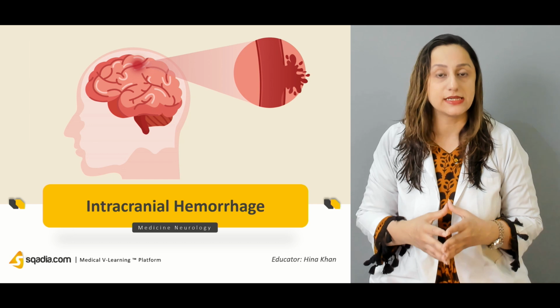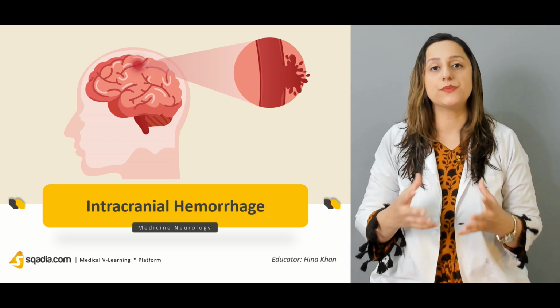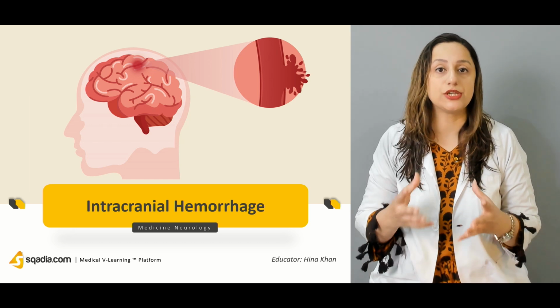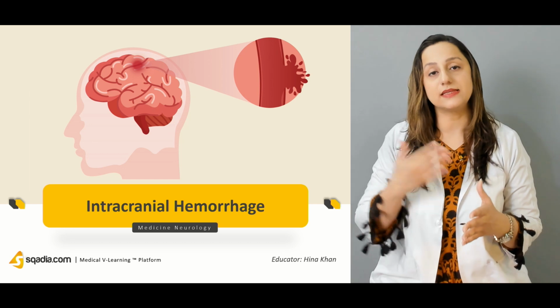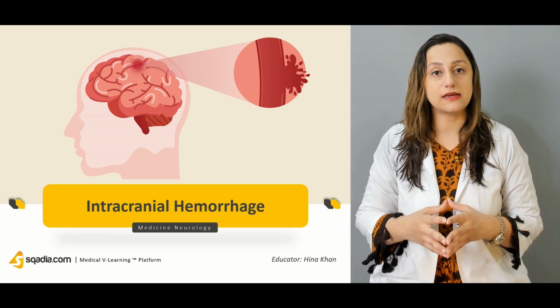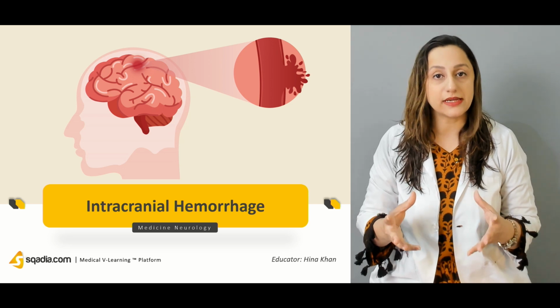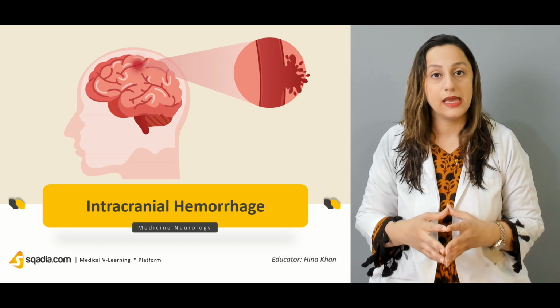What is the most important outcome? Obviously, it is going to increase the intracranial pressure, and that in turn is going to damage the brain cells. This is the underlying pathophysiological mechanism.